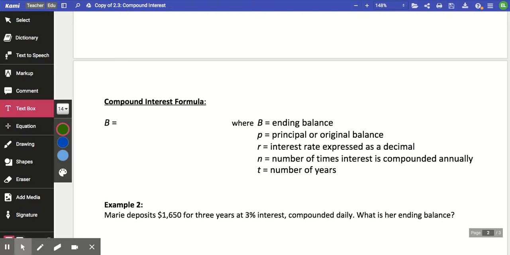So what we've done in this equation is replaced balance 1 with the principal times this expression or this quantity. But as you can see, we now have a factor that is being duplicated. And when we have repeated factors, we can use exponents to abbreviate the expression itself.